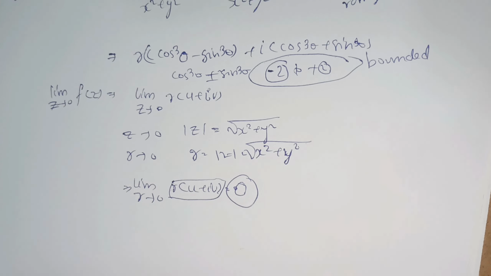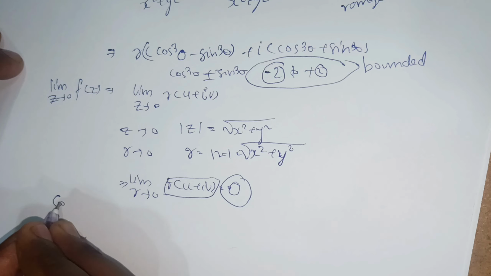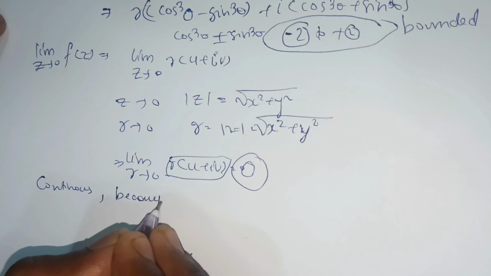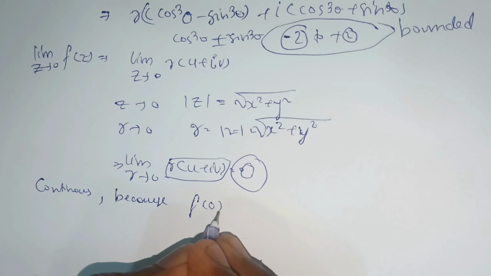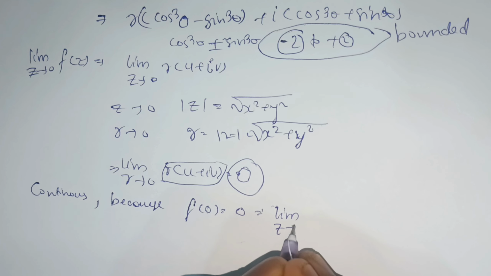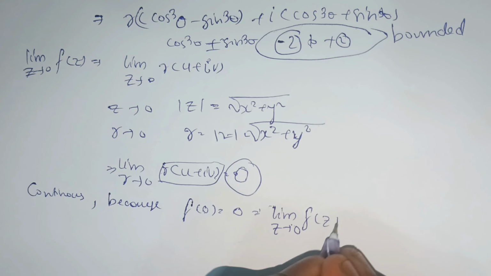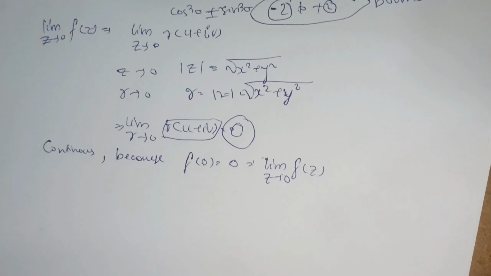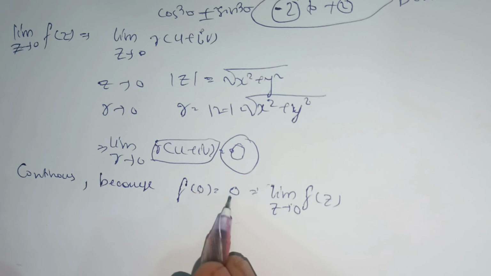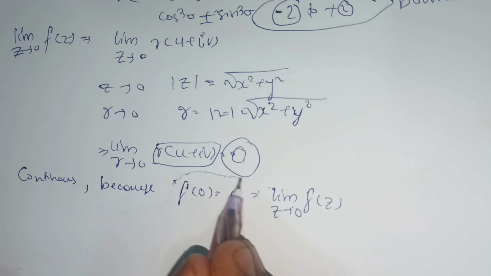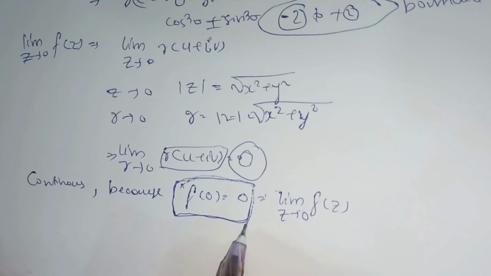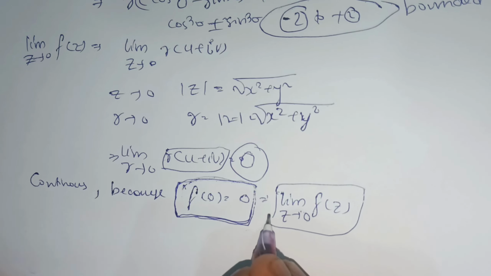Next, this is the understanding about the continuity. The given function is continuous because f of 0 equals 0, which equals the limit of f of z as z tends to 0. Directly putting 0 in the equation, we get f of 0 as 0, or it is given in the question, and the limit also has the same value as f of 0.